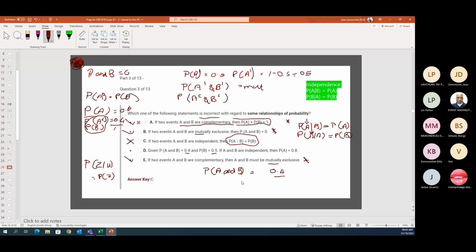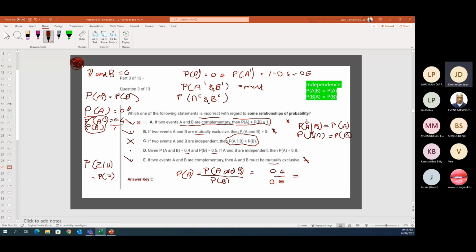What is the probability of B? 0.5. So the probability of A is the question that we need to answer.